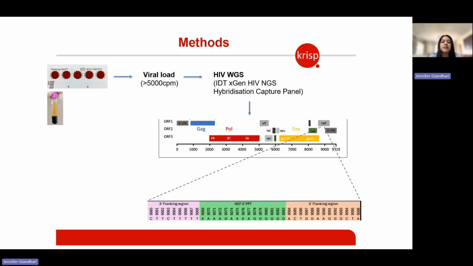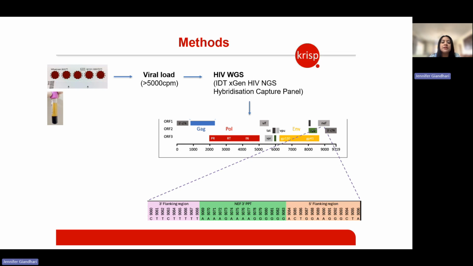We performed viral load testing on plasma or dried blood specimens. We then performed HIV whole genome sequencing on a subset of specimens with a viral load greater than 5,000 copies per mL using probe-based hybridization with the xGen HIV-NGS hybridization capture panel from IDT.